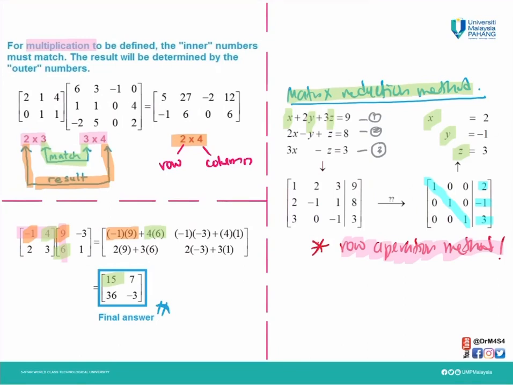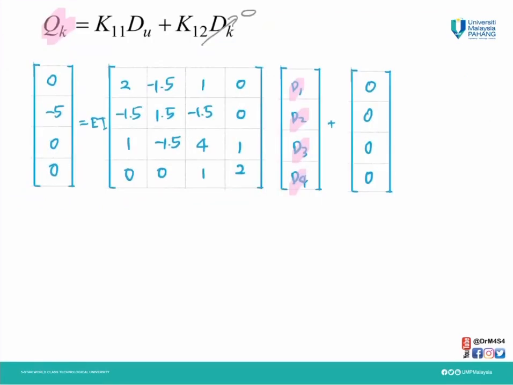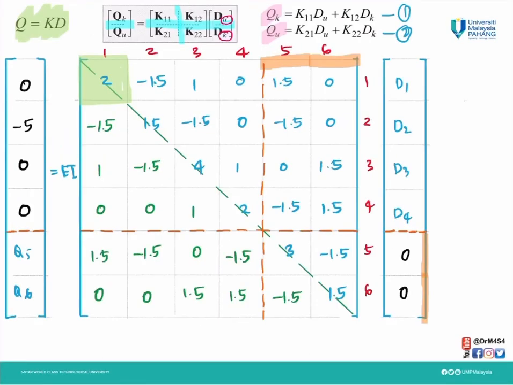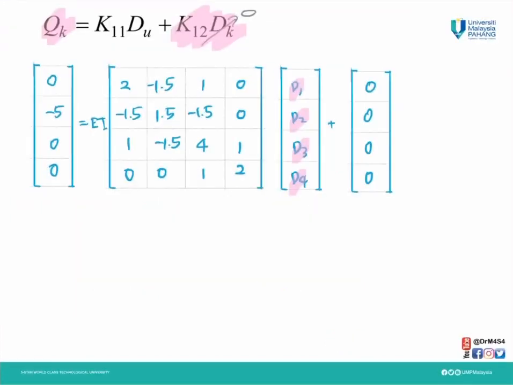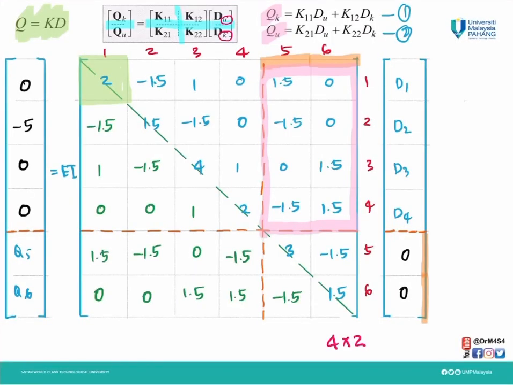Here is the row, here is the column of your matrix. For example, for matrix operation, on how to multiply the matrix, we take K12 times dk. K12 is this one. This is matrix K12, whose size is 4 rows by 2 columns. Then this is our dk.